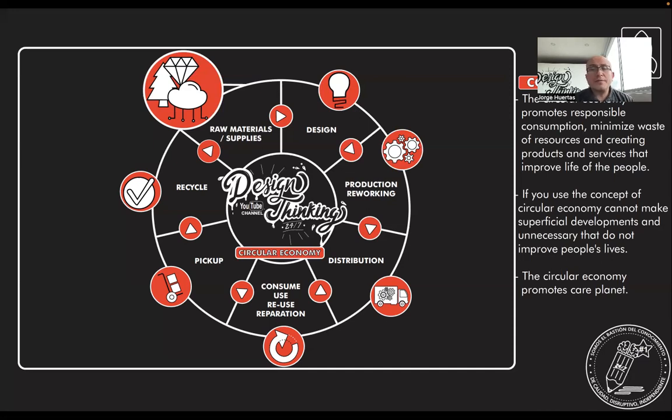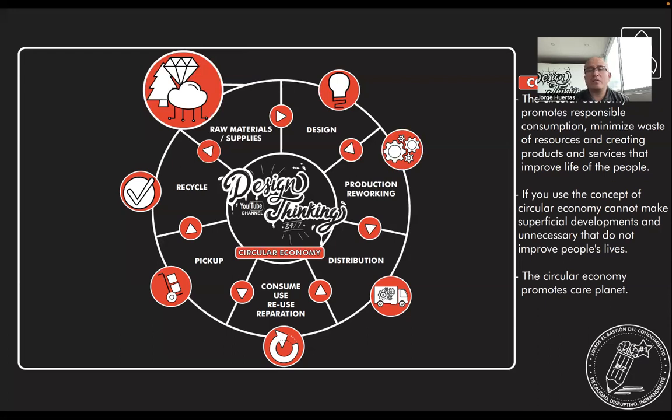If you use the concept of circular economy, you cannot make superficial developments. Before developing that, you need to understand what's going on, and you need to understand that it has to have a big impact on society.